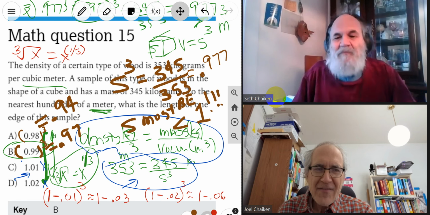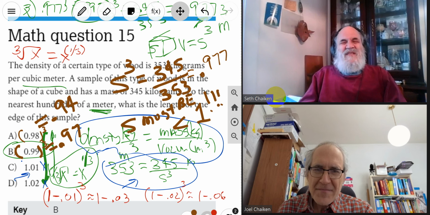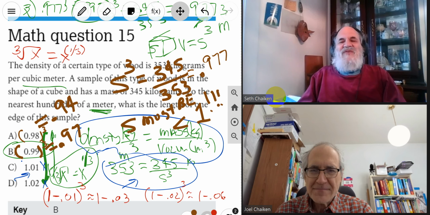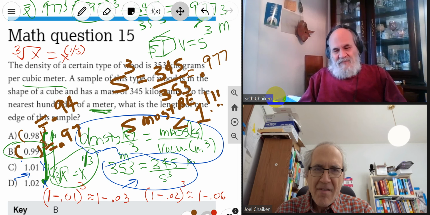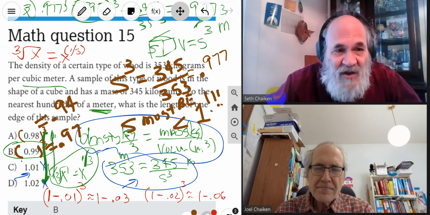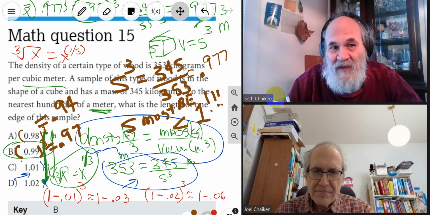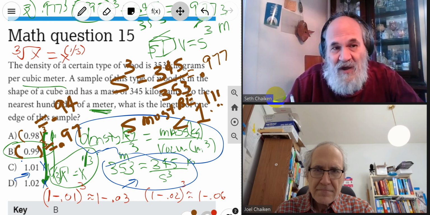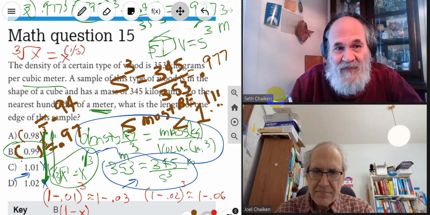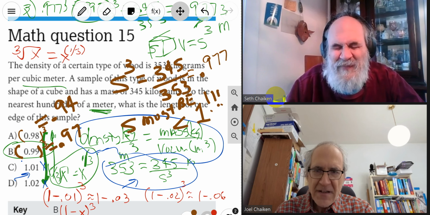Well, some people will. They've learned the binomial theorem and the extensions of it. Some teachers would present how to expand out 1 minus x cubed, when x is small.